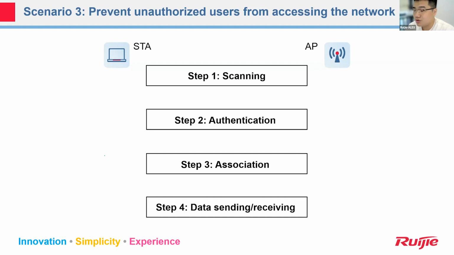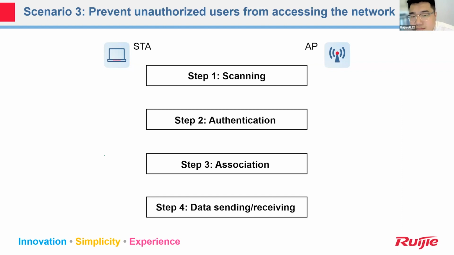Or client application to do the authentication. And once you pass the authentication, your next step is the association. You will associate with the AP, and then is the data receiving, data forwarding, and the transmitting of data.